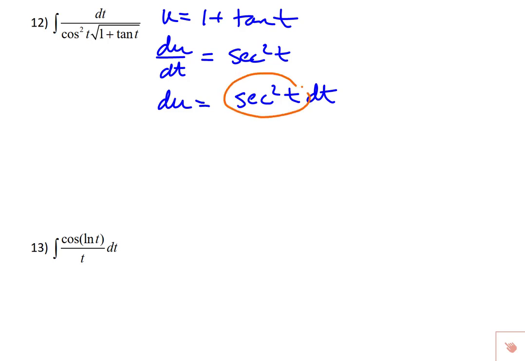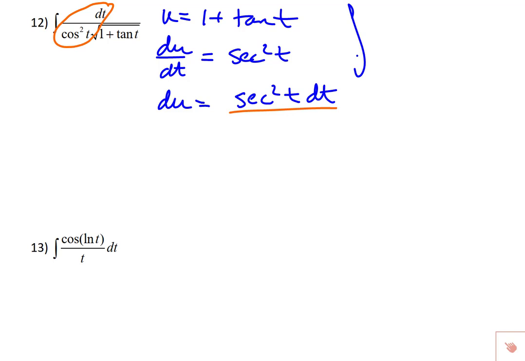Now remember, secant squared is really 1 over cosine squared. Therefore, this secant squared t dt actually does replace both items in our original here, this dt over cosine squared of t. Those are the same thing.